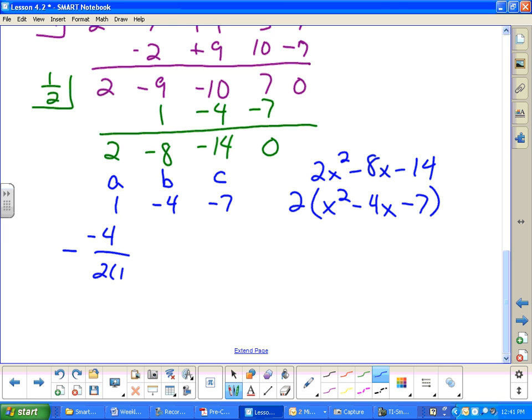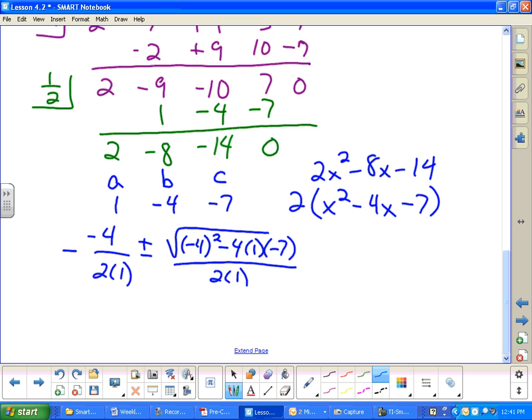So then we use the quadratic formula. So what do we end up with? 2 plus or minus what?